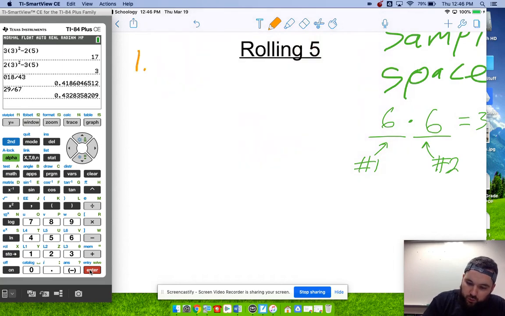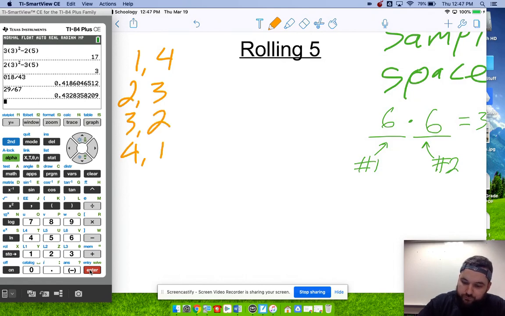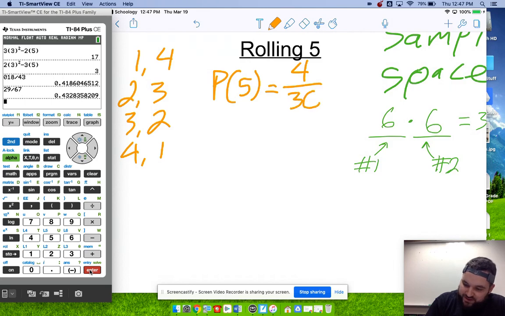Well, I could roll a 1 and then a 4. I could roll a 2 and a 3. I could roll a 3 and a 2, or I could roll a 4 then a 1. Those are the only 4 ways. So the probability of rolling a 5 is 4 out of 36. Okay, there's 36 ways to roll 2 die.